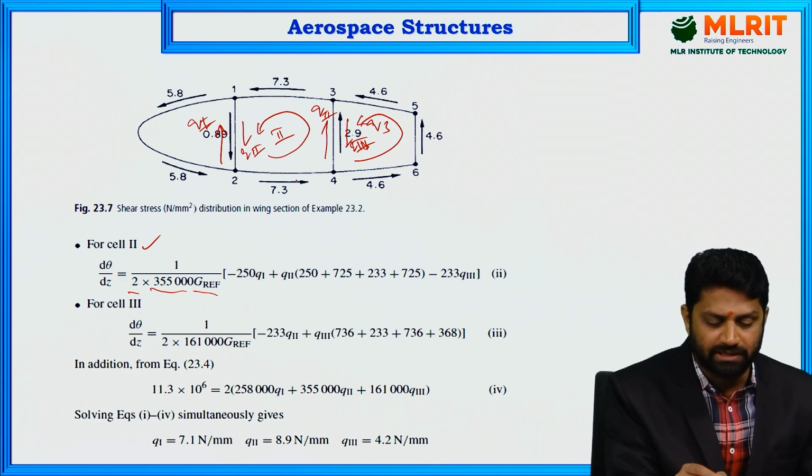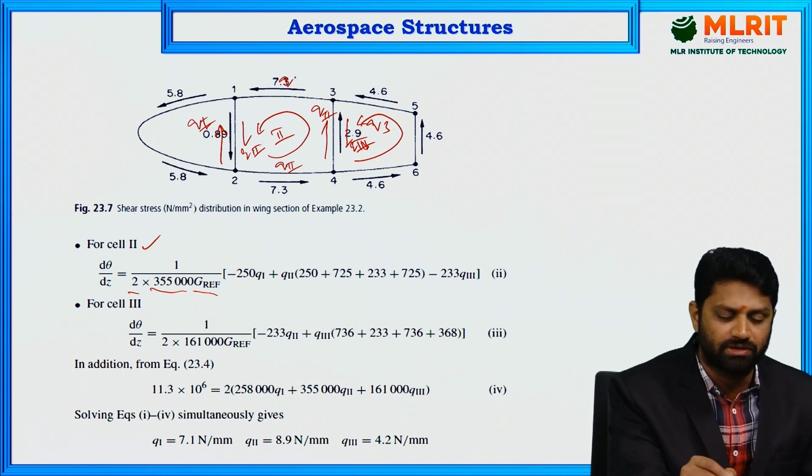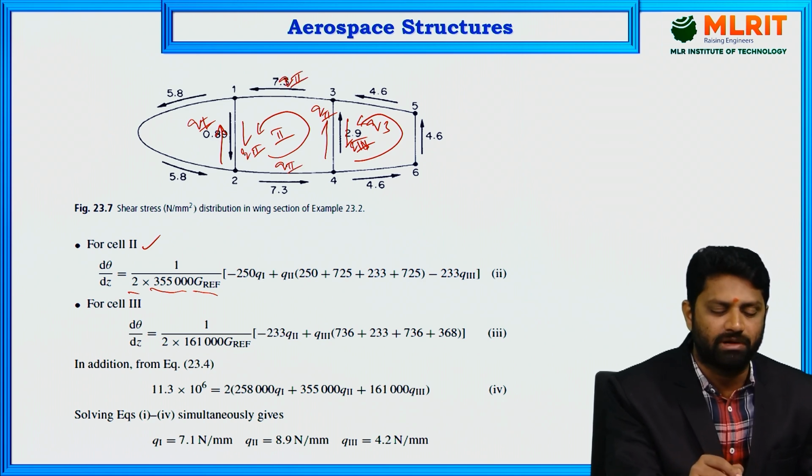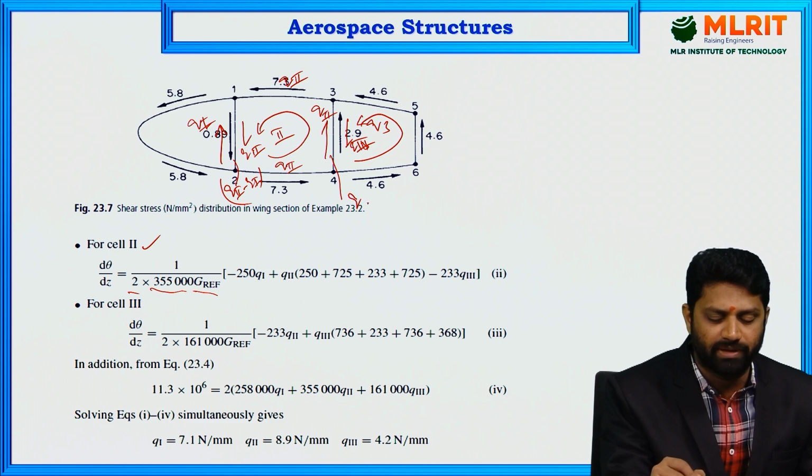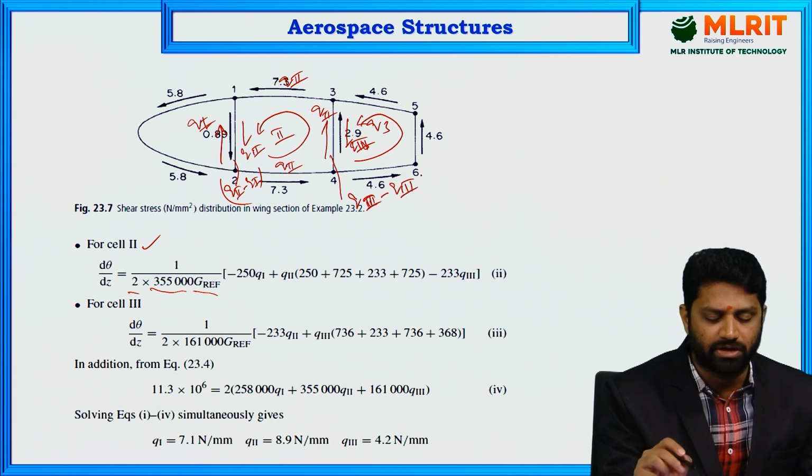For example, the shear flow in this wall is nothing but Q2. Whereas for the common wall 1 2, the shear flow would be Q2 minus Q1. Whereas the common wall 3 4, the shear flow would be Q2 minus Q3. That you have to consider.